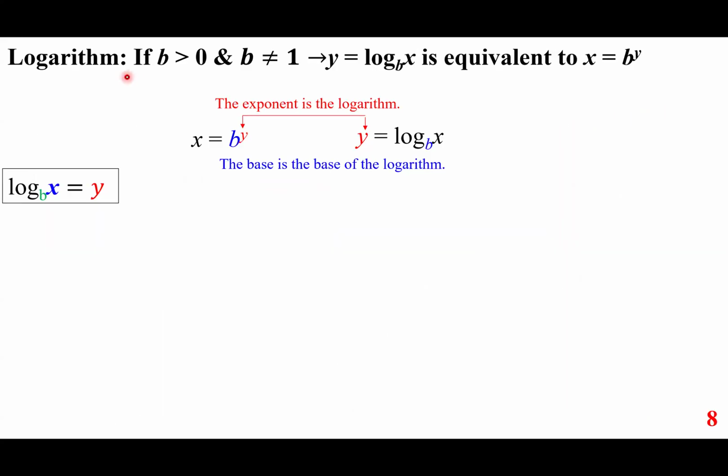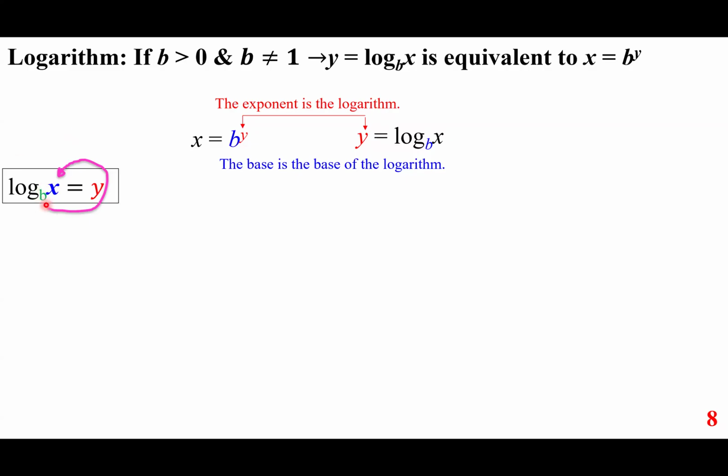Logs. If b, the base, is larger than 0, and it can't be 1, then y equals log x base b is equivalent to x equals b to the power of y. We have this here: x equals b to the power of y, y equals log x base b. Notice they have the same exponent, the same base. One way to follow that, I'm going to put an arrow here and take a look.